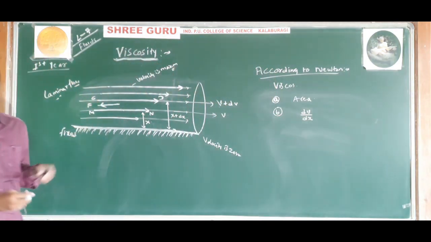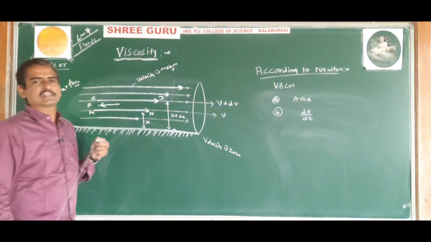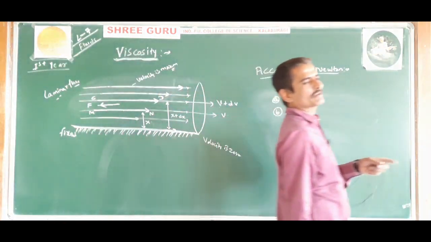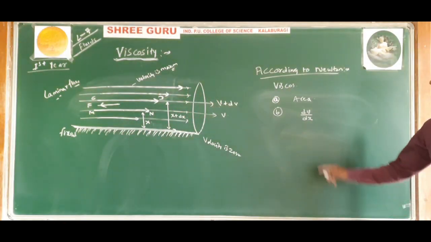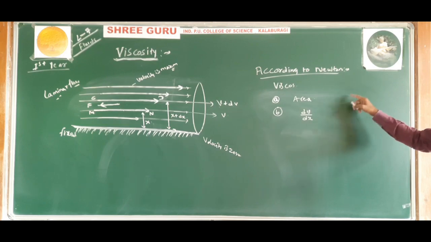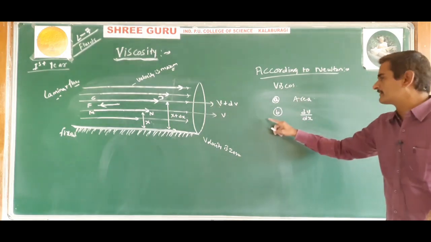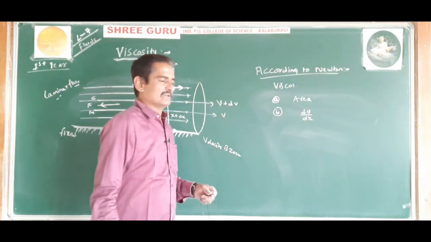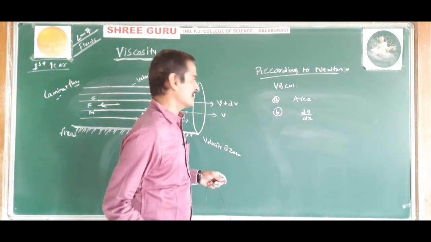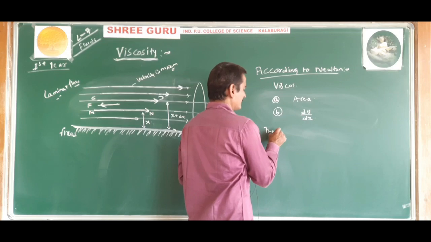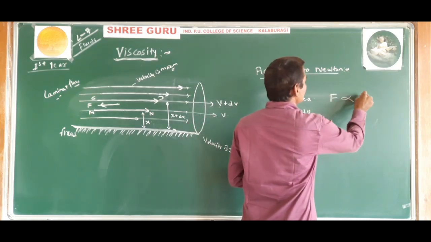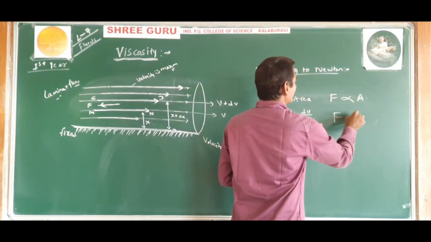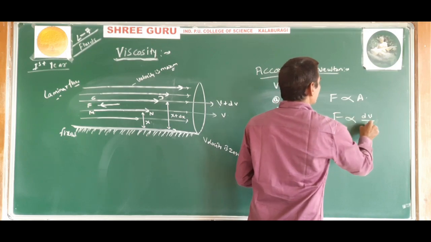The viscous force acting between the two different layers of the liquid is directly proportional to the area of the layers, and also directly proportional to the velocity gradient between the liquid layers. Thus we can write F is directly proportional to A and F is directly proportional to dV by dx.